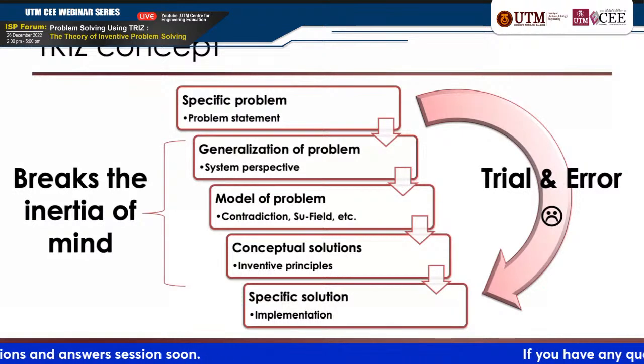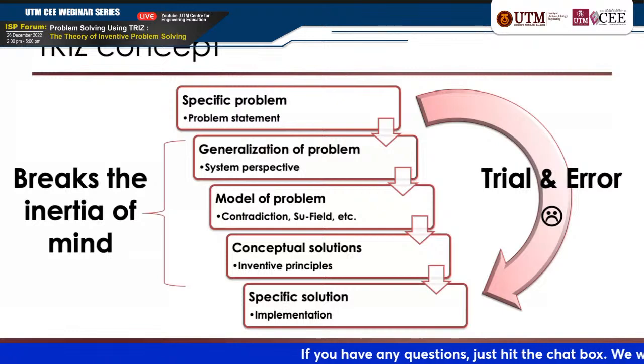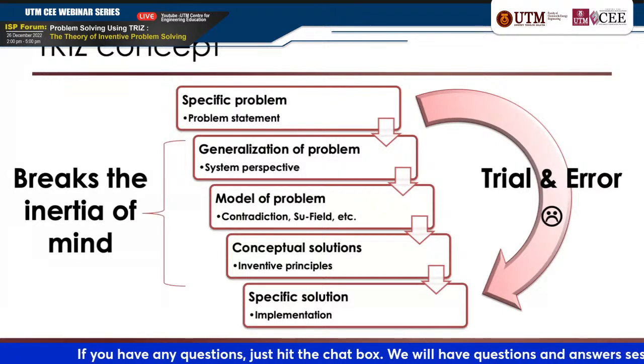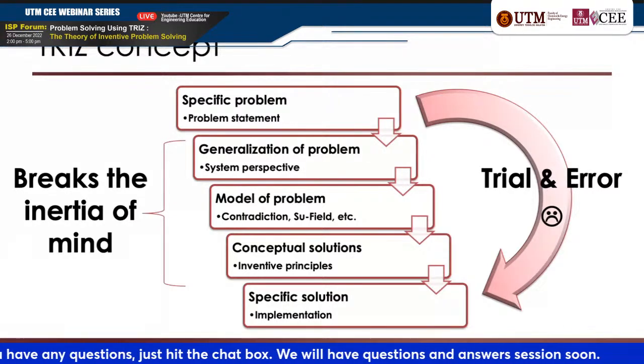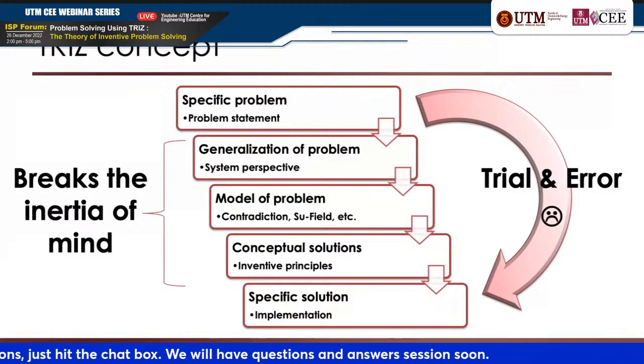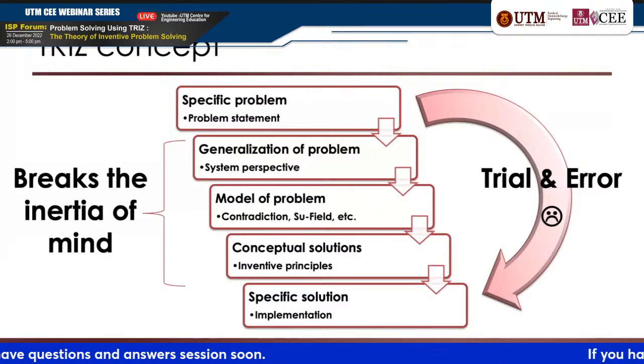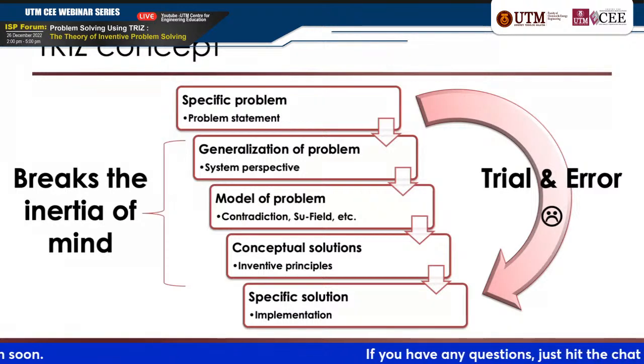Right the first time, you properly use TRIZ to establish your problem solving process, while with trial and error, you might get lucky that your problem is solved, but also unlucky that the problem is not solved 100%. This is the risk that you will face.